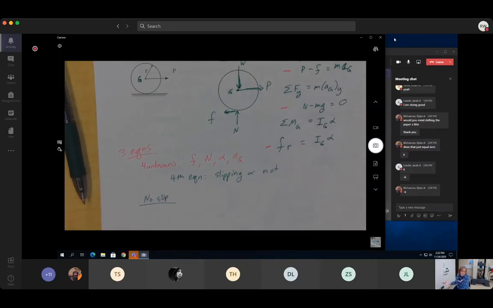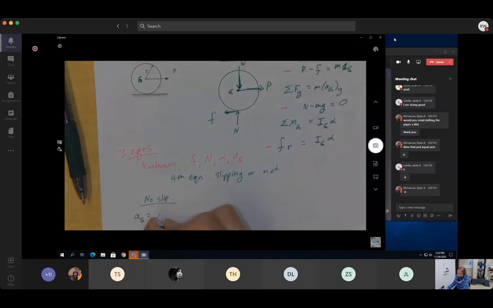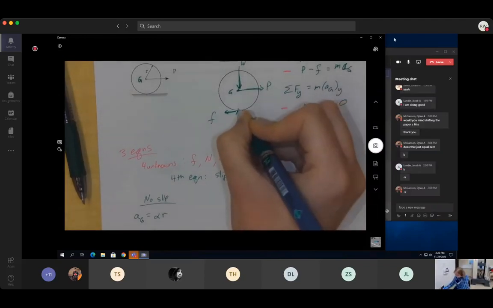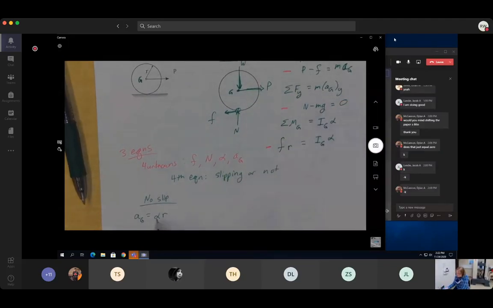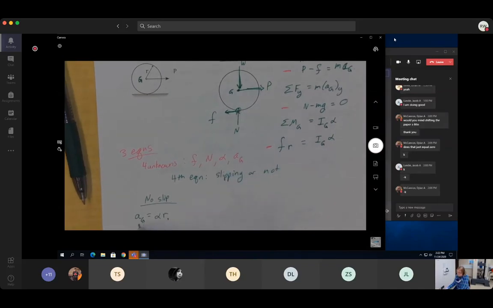We don't necessarily know what that value is, but we do know that the acceleration of the center of gravity here is going to have to be equal to alpha times r. If we're slipping and there's actually a velocity here at the contact point, the acceleration at the center of gravity won't be equal to alpha times r. But if there's no slipping and this point has a velocity of 0, we have an instantaneous center, then the acceleration of the center of gravity has to be alpha times r.